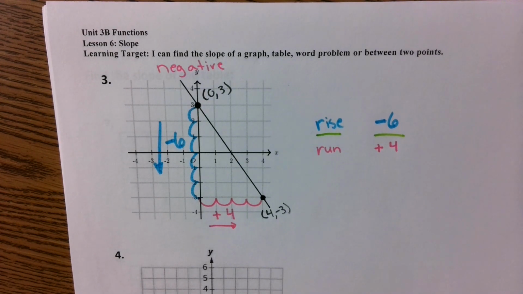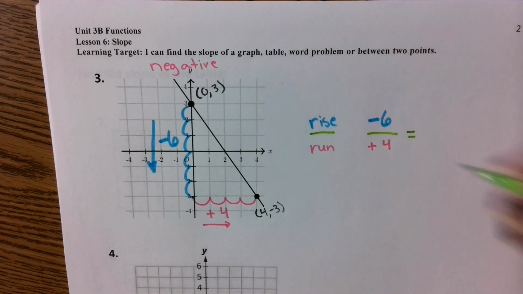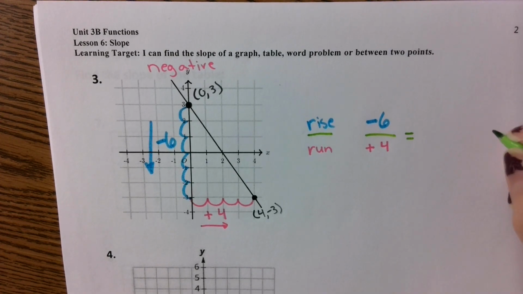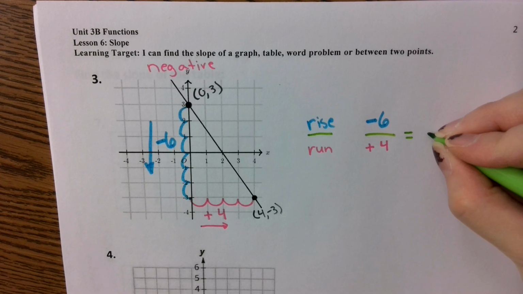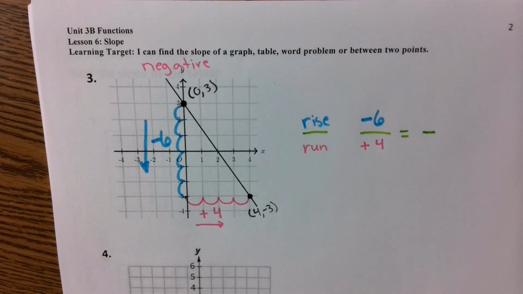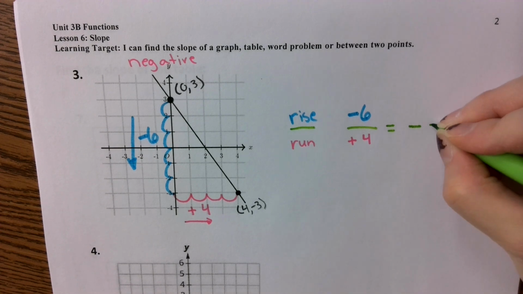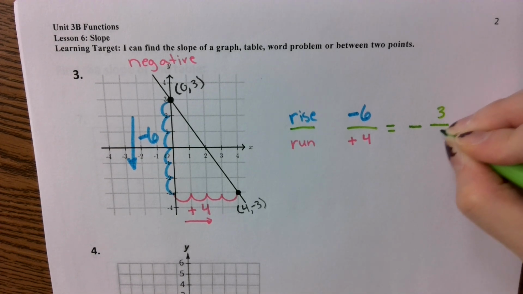And then of course we always want to make sure that we simplify it. They both happen to be divisible by 2. Now because I do have a negative, I don't have to associate the negative just to the rise. I can place the negative on the outside of my fraction and just put 3 over 2.